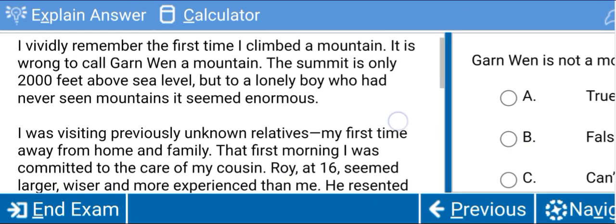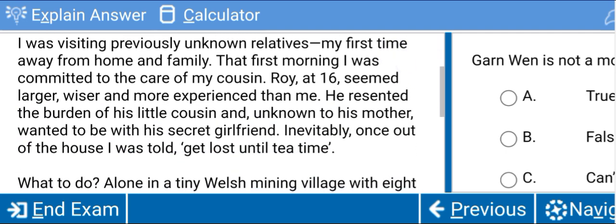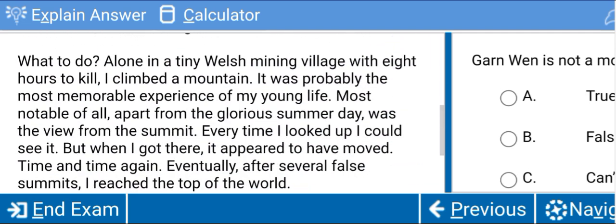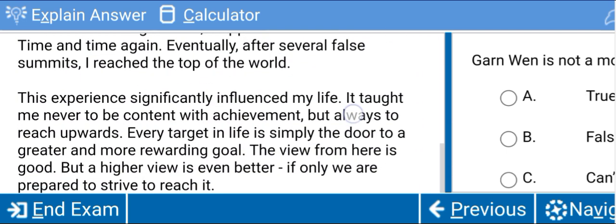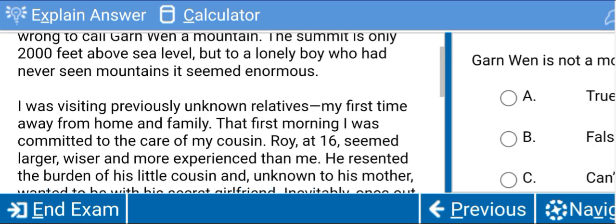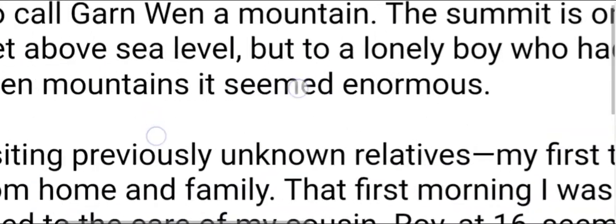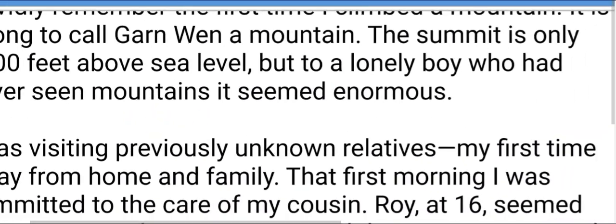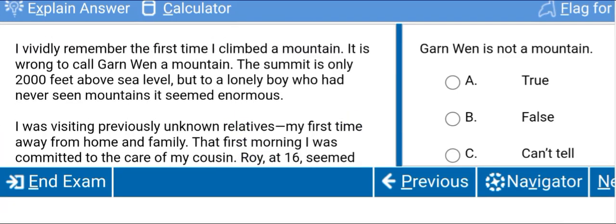Again we have the same passage, you can see. Now here we have Gondwan, a mountain. We can read that passage to find out our answer. That I vividly remember the first time I climbed a mountain.